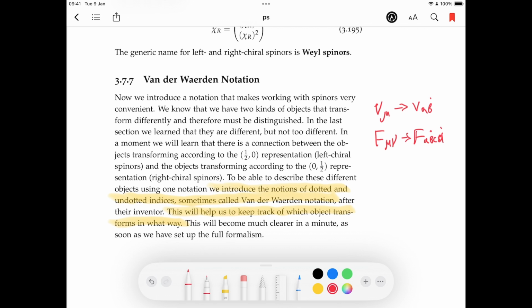But what's interesting is that it allows you to make the simplest object which transforms with the Lorentz transformation, spinors, to be the main actor on the scene.